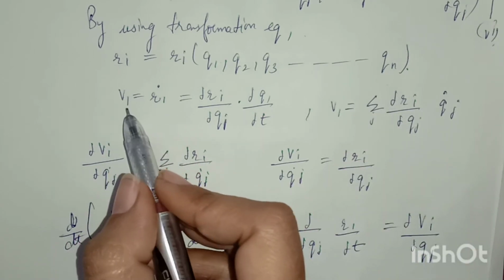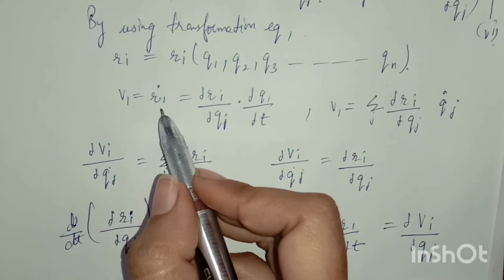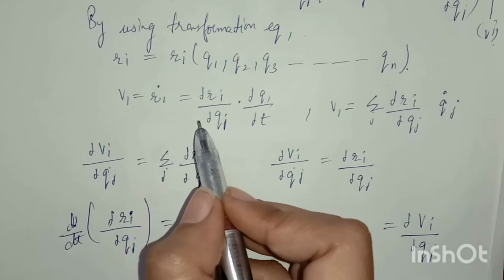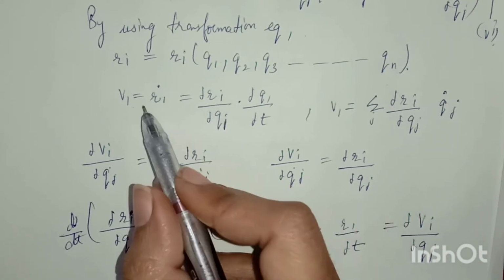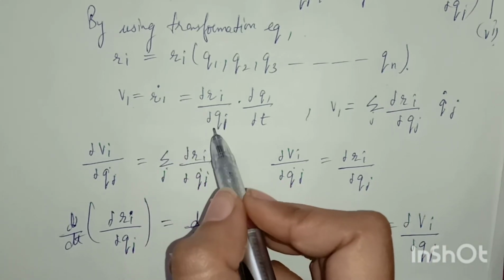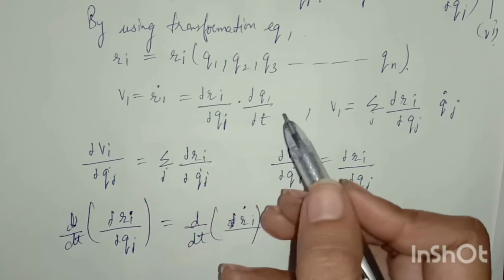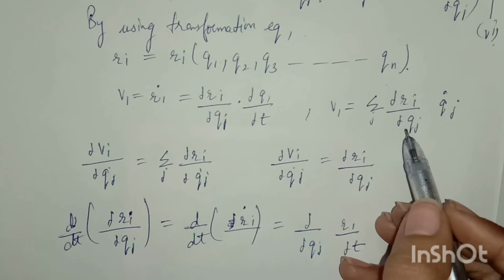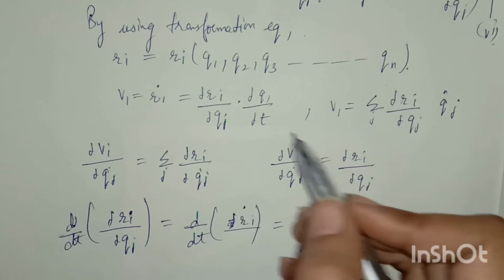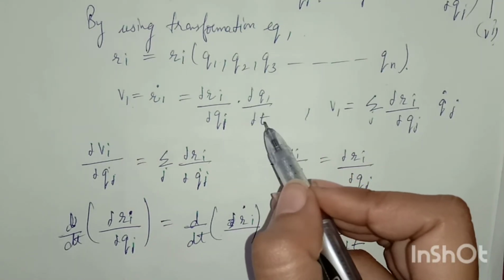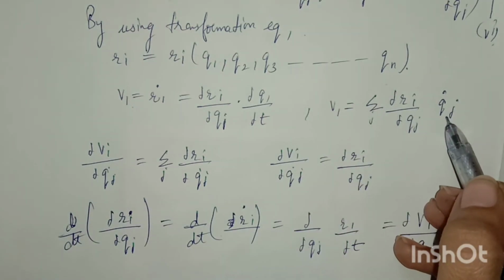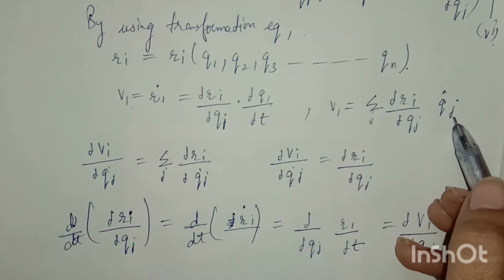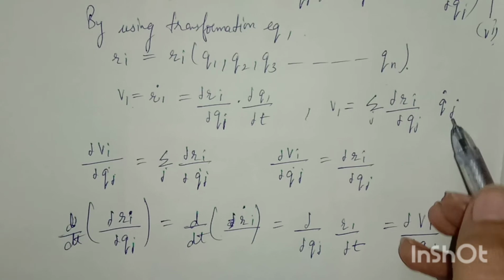We can write velocity V as the change in displacement, so ṙ_i equals ∂r_i/∂q_j times dq/dt. In terms of summation, we can write dq/dt as q̇_j in terms of classical mechanics.